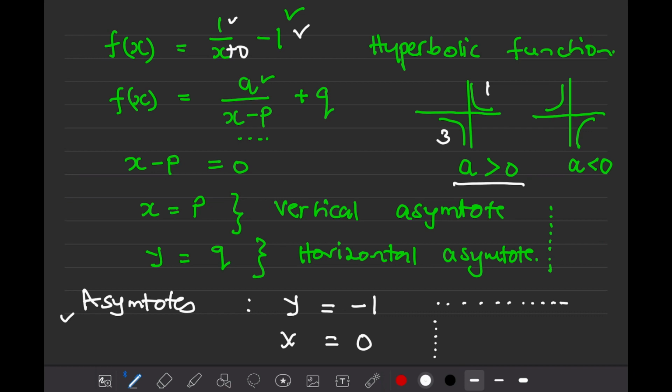What else can we take note here? A hyperbola, as you might remember, has an axis of symmetry. It actually has two axes of symmetry. It has this one, whose gradient is positive 1 all the time, guys.